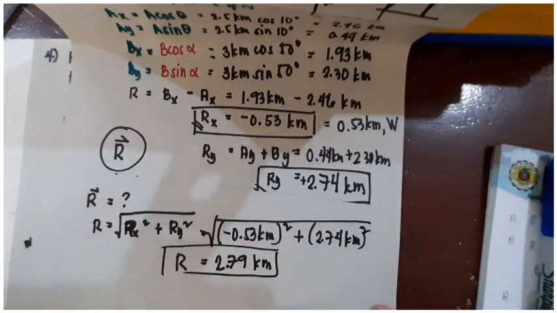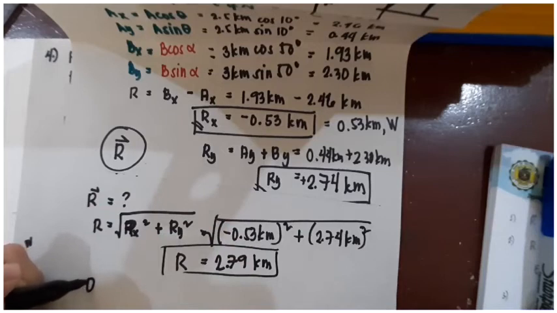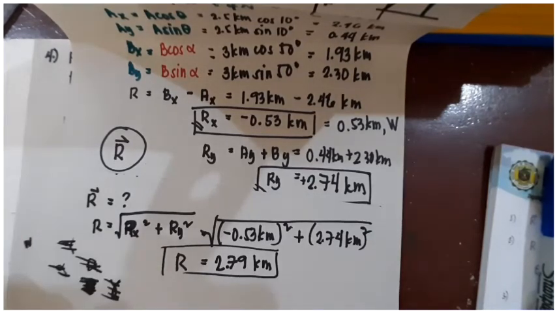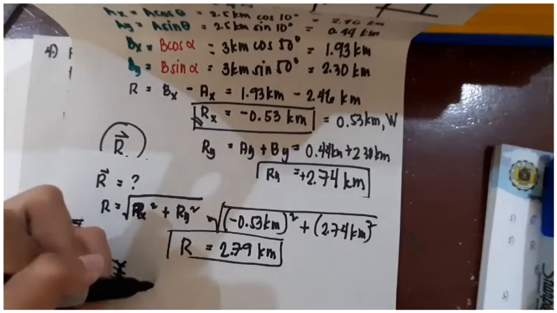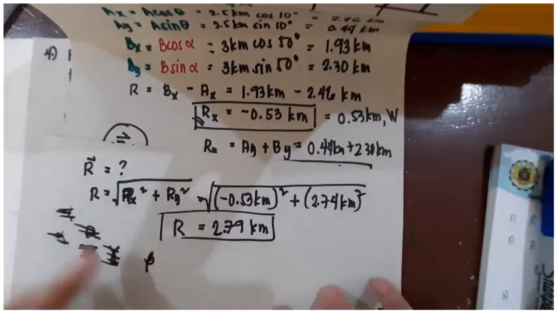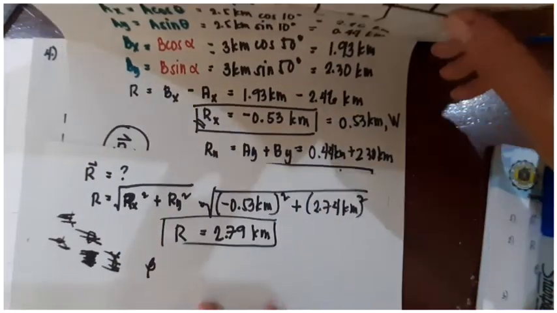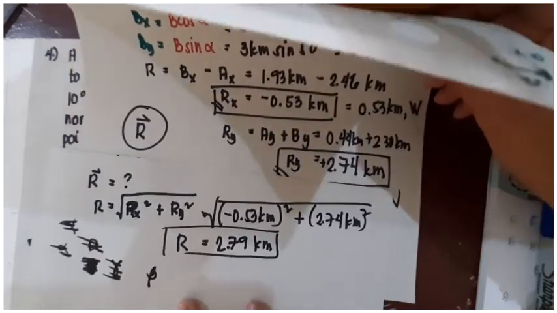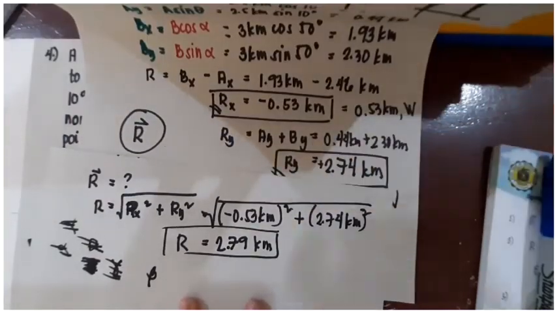Now what about your direction or your theta? Okay, since may theta na tsaka phi, we'll call this... Okay, so now we will solve for your beta. Okay, so I'll just call the angle beta. So pwede nyong gamitin kahit anong letters to refer for your angle. So in this case, I'll just use the beta.